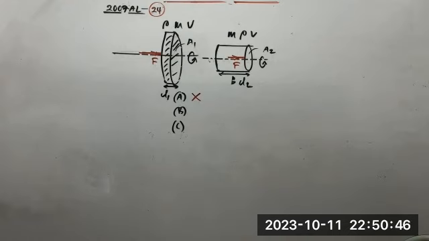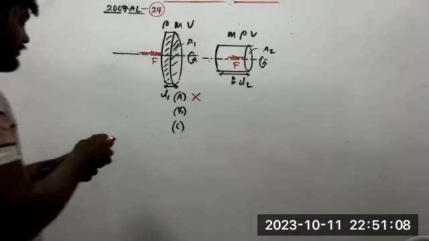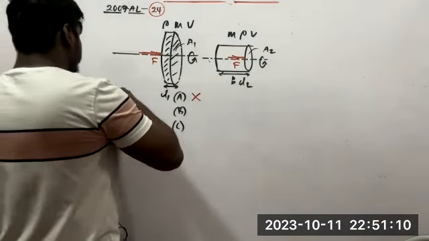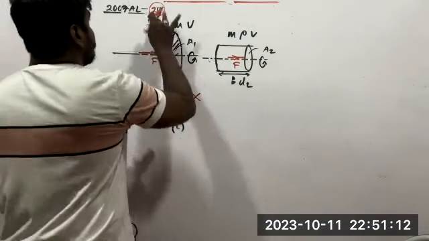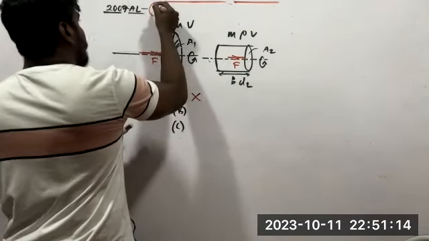All are wrong. Discuss 7. Then next one, 2007. That is also 2007 question. 2007 question number, that is question number 28. This one is 28. 28. Question number 28. 28.